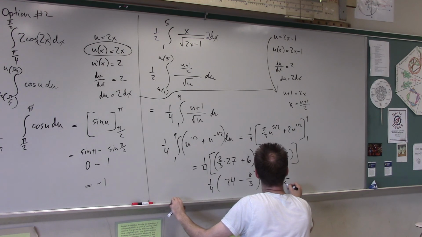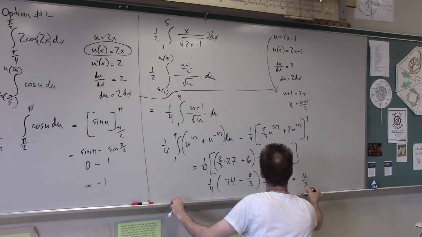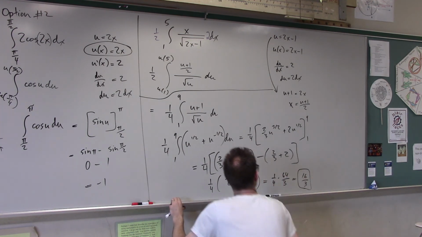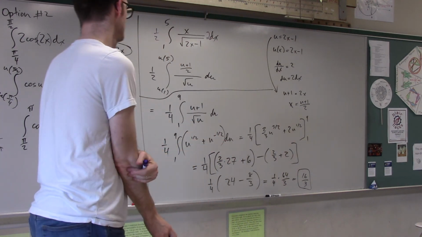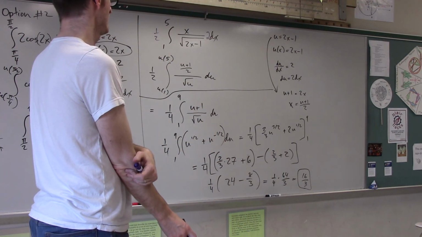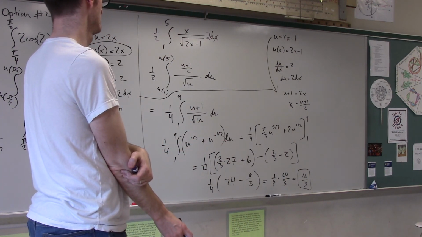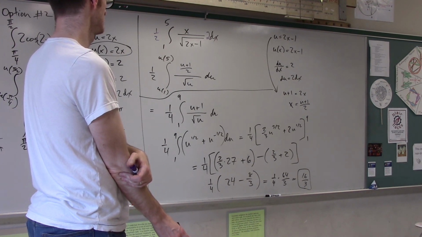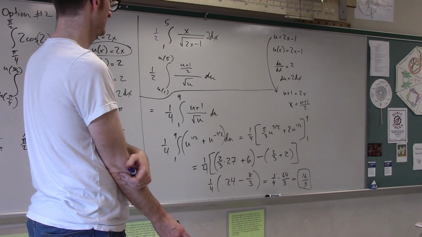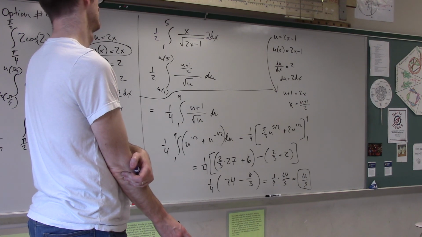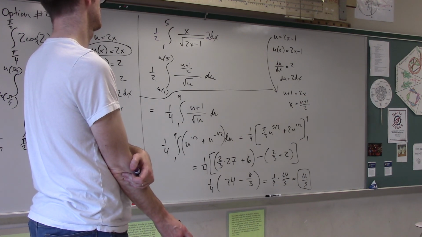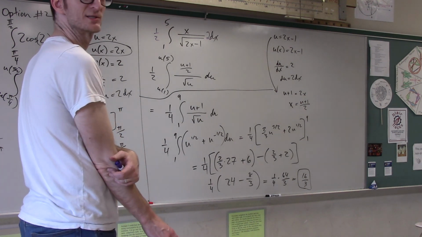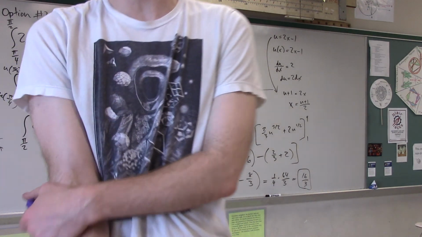There's a big chance this is wrong. 72 minus 8, 64, 1/4, 9, 18, 24, 8/3. Maybe that's the answer, 16/3. Woo! Okay, goodbye, have a nice weekend.